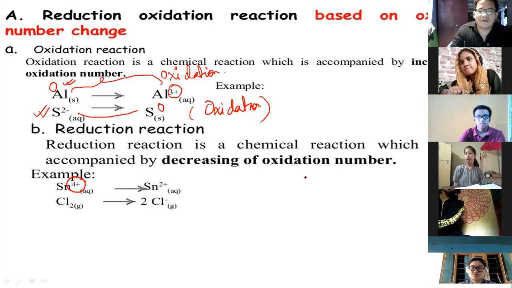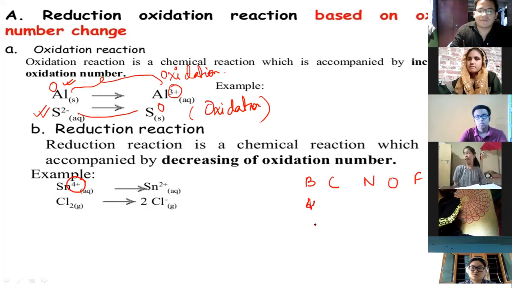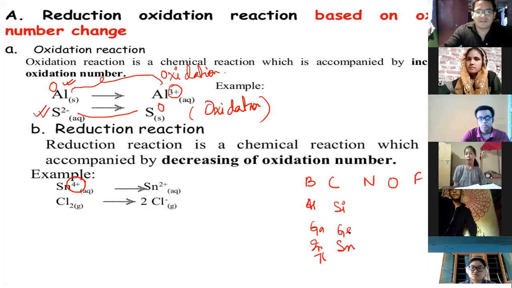See, group number 13: boron, carbon, nitrogen, oxygen, fluorine, neon. So aluminium, gallium, indium, thallium; carbon, silicon, germanium, tin.